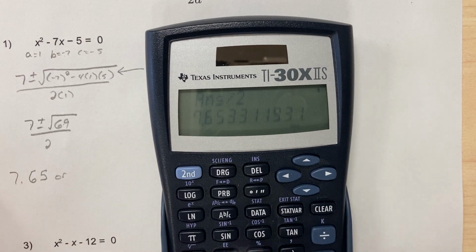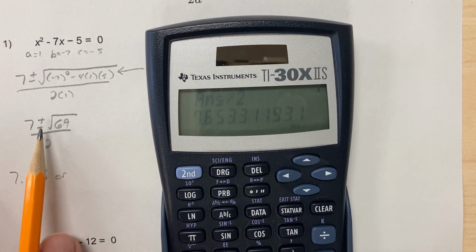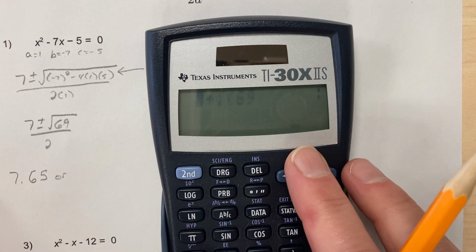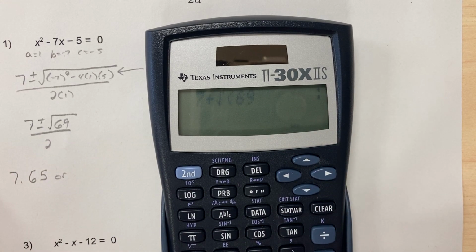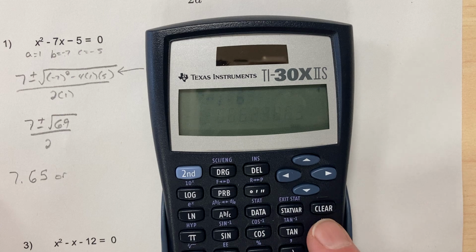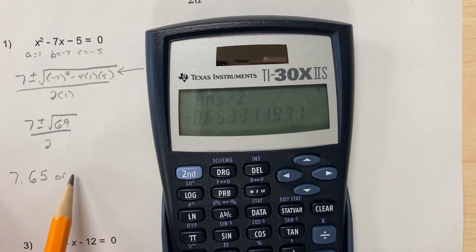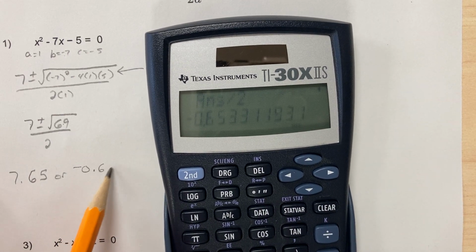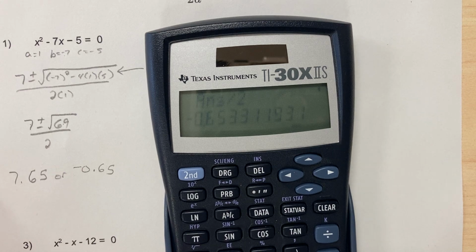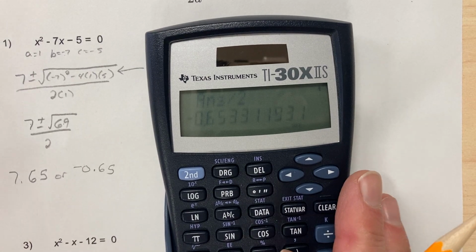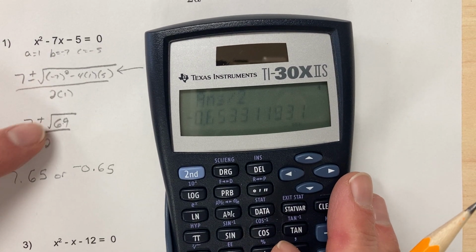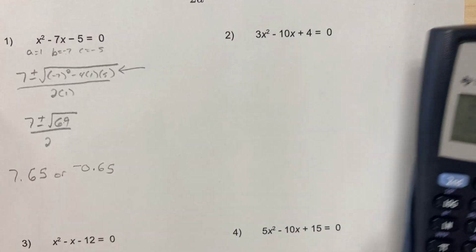Okay. Then what we do is we go back and we do the same thing, but this time we're going to minus. So I could actually go up, just change that to a minus, divide that by 2, and I get a -0.65. Okay. So that's the goal here, is taking that discriminant and just doing a couple more steps from what we did yesterday.